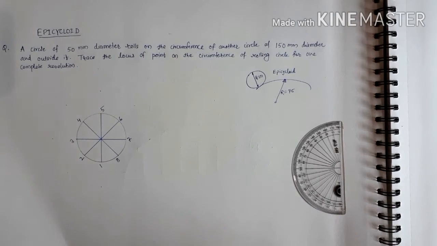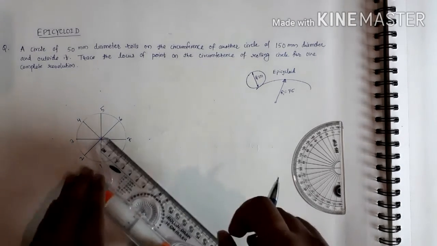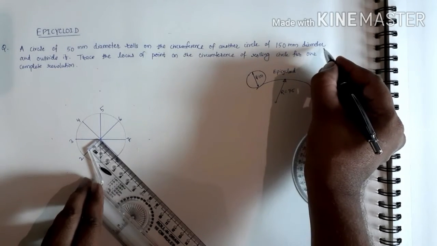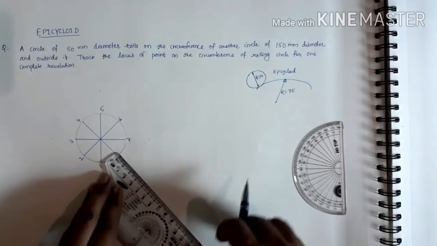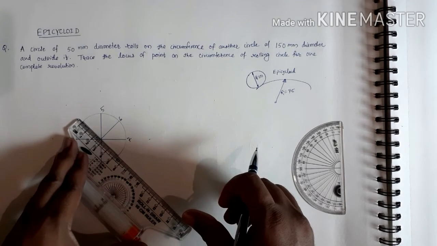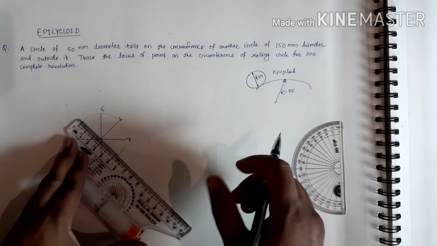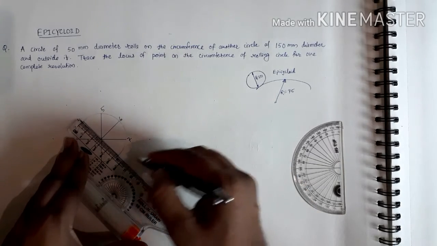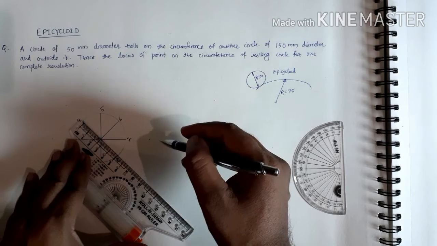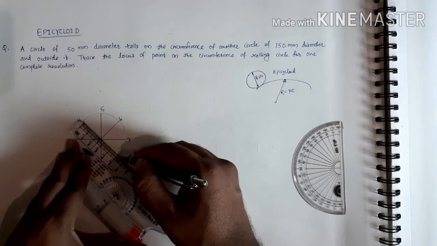Now second step is, this circle is rolling on another circle of 150 mm diameter. So radius of circle is 75 mm. So first draw radius of 75 mm. Starting point will be circumference of the smaller circle.